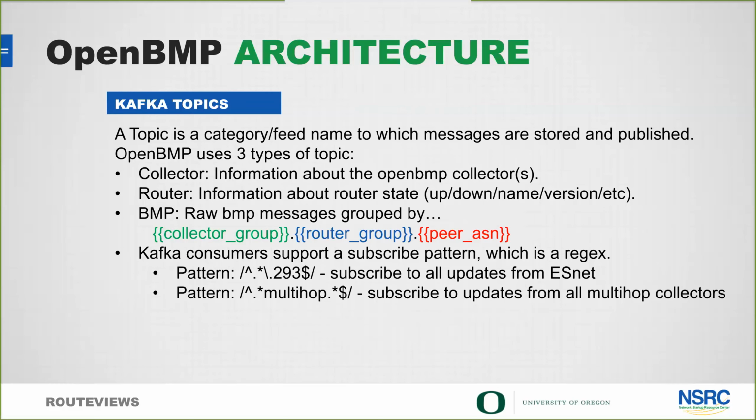The collector group is our BMP servers. The router group is what we might group our multi-hop routers or an AMS6 router to. And then we also have the peer ASN. All of that information is split out into separate topics.